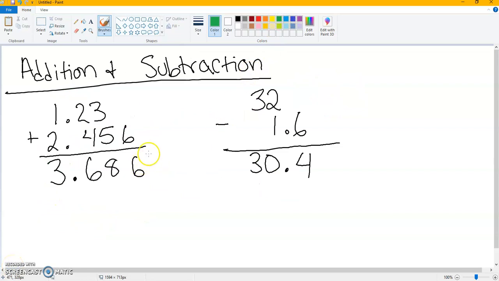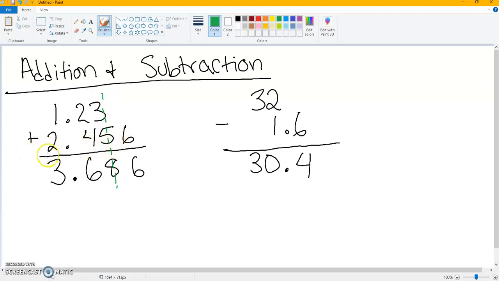All right, addition and subtraction is different than multiplication and division. There are 2 sets of rules: one for multiplying and dividing, and one for addition and subtraction. For this one, I add the numbers like normal, and then you always go off of the placeholder that both of them have.